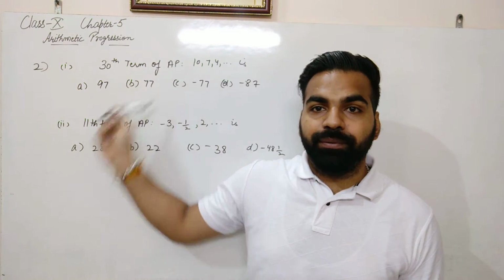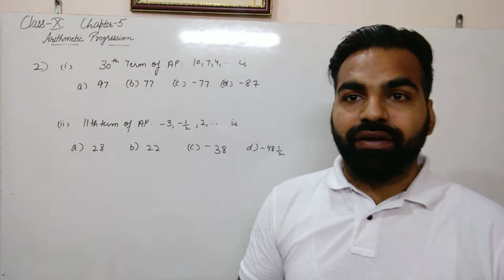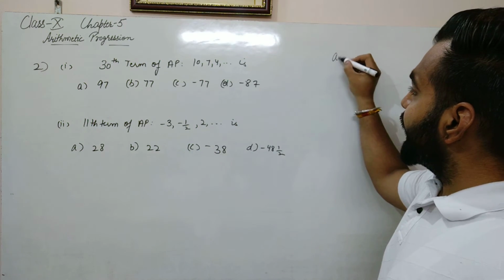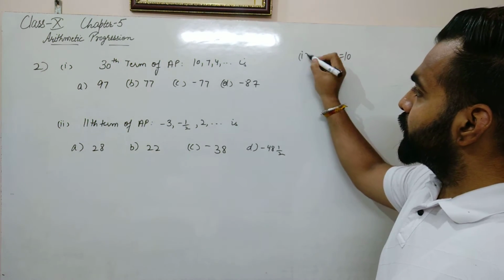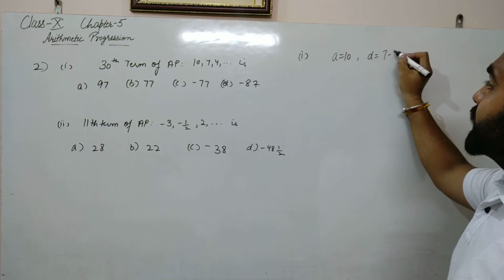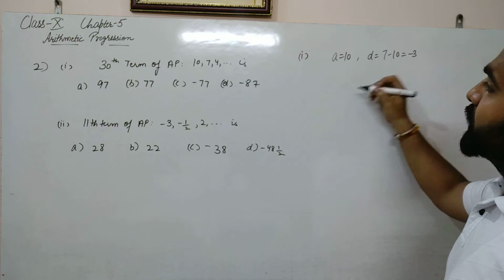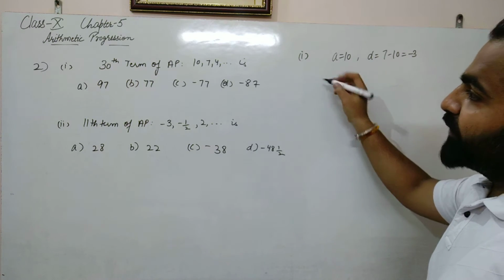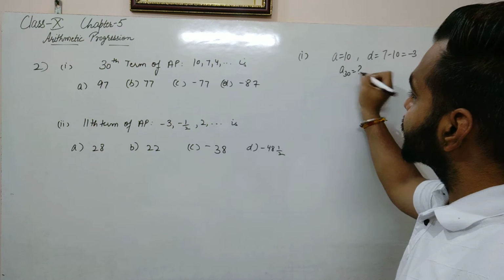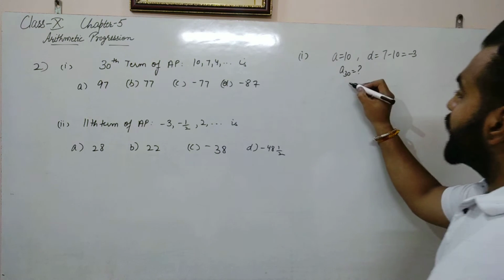30th term of AP. AP is given. Now we have to find the 30th term here. So we can see the value of a is 10. What will be d? d will be 7 minus 10, that is minus 3. And we have to find the 30th term, that is we have to find a30. So use the formula.